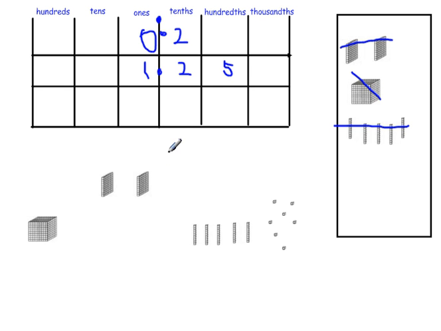Let's do just one more, just to be sure. We might take both of these away. This is going to get tricky now. We'll put 2 wholes in.